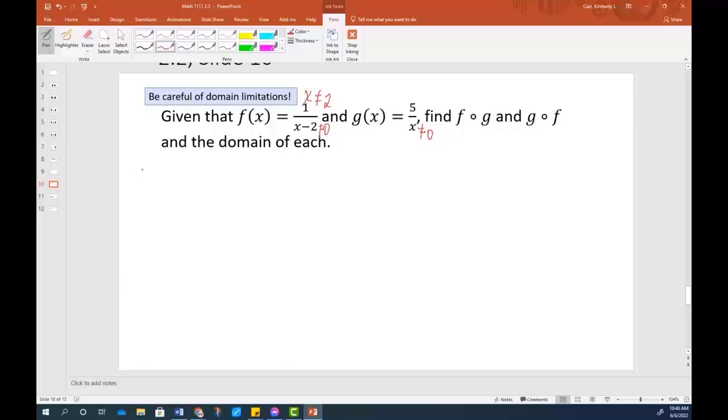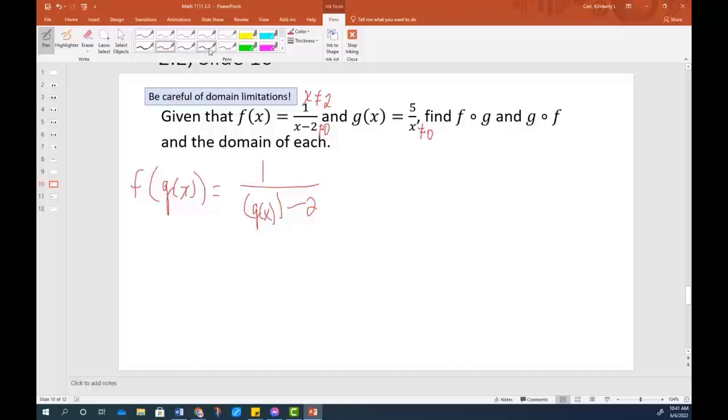So when we do f of g of x, I'm going to start with this outside function since I don't actually have a number to plug in, and we'll just say, well, what is f holding a place for? So f is 1 over something minus 2, and the something that I'm plugging in is g of x.